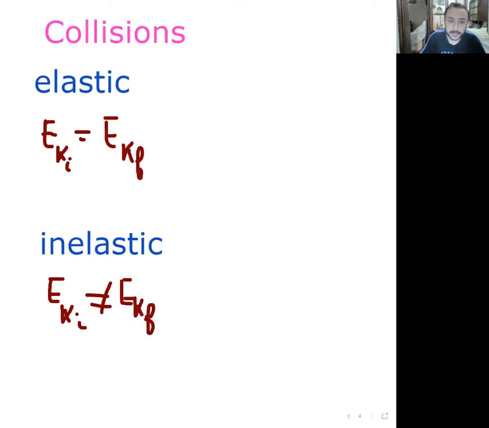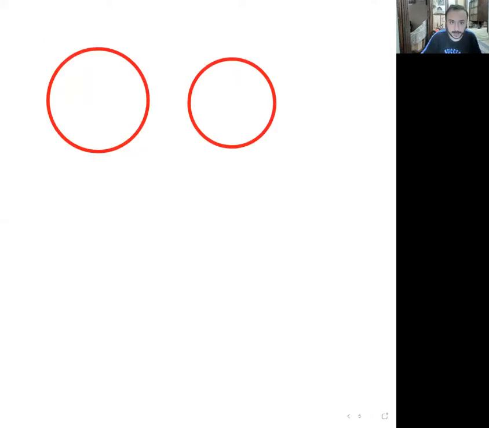We will take an example of elastic collision with collinear velocities. These are two solids with different masses. Let's say this solid has a mass m1 and this one has a mass m2. They have two collinear velocities. So this is the first velocity for m1, and this is for the second one.